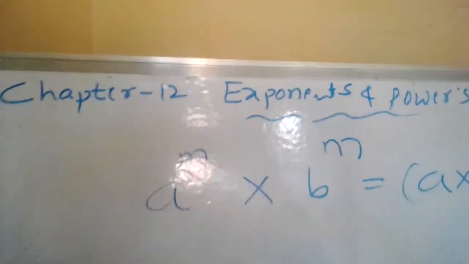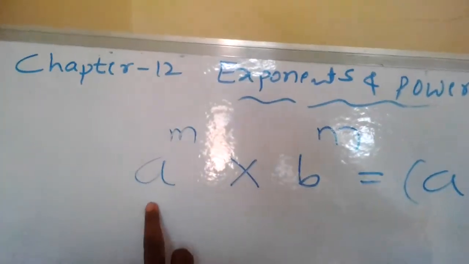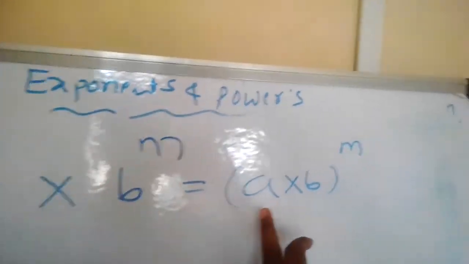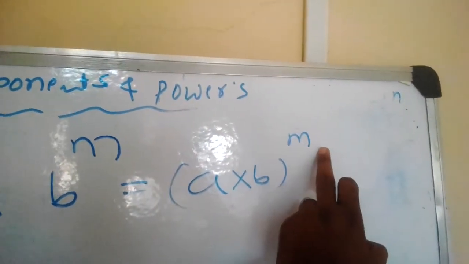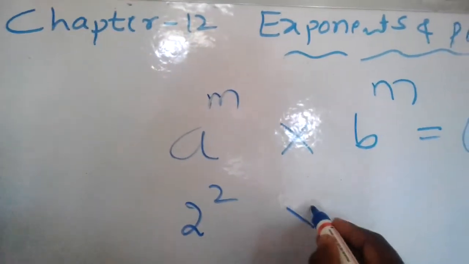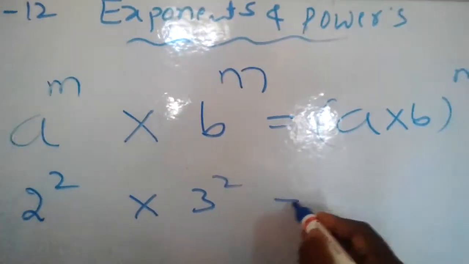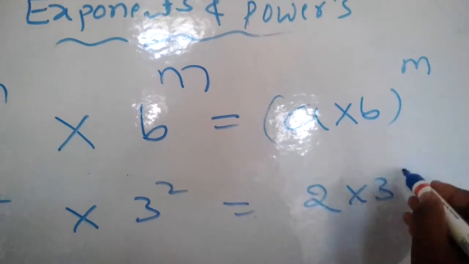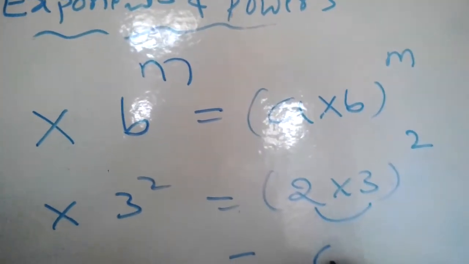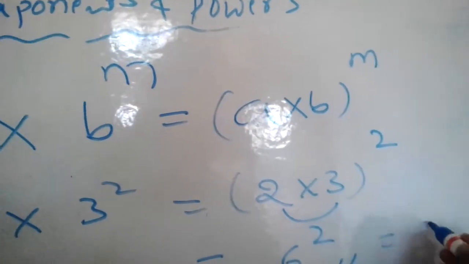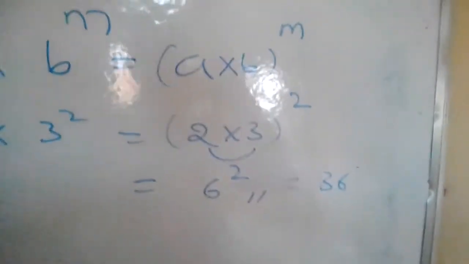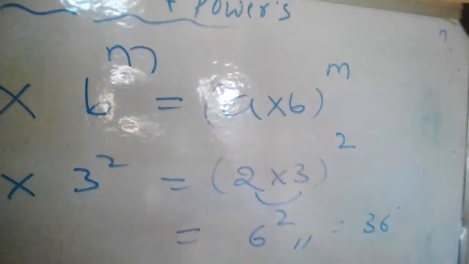For example, 2 square and 3 square, then multiply their bases, keep the power as it is. 2 into 3 is 6 square, that is equal to 36. Understood? This is the fifth law.